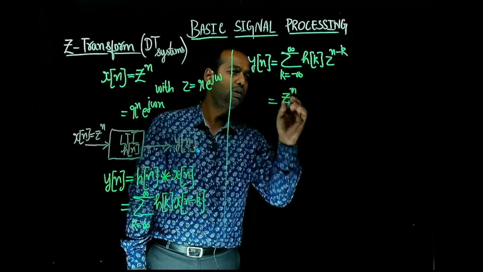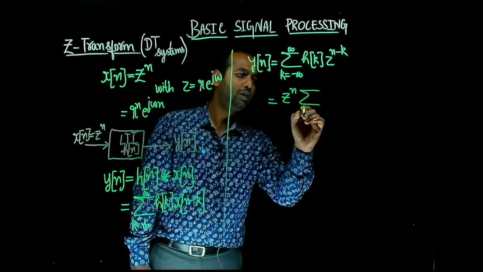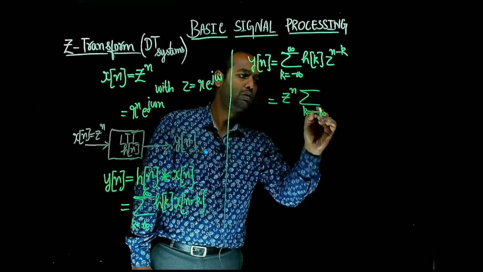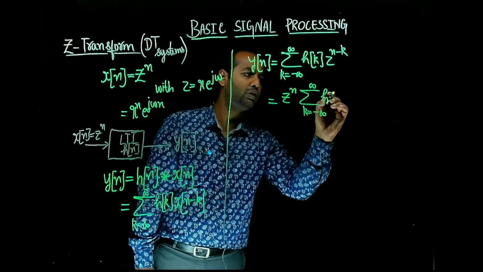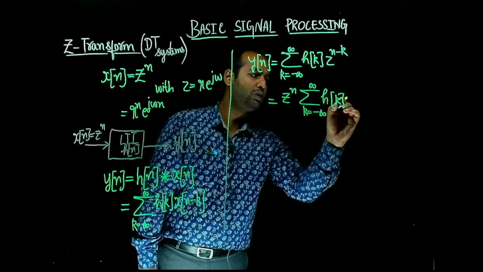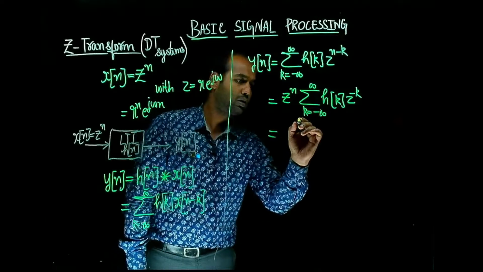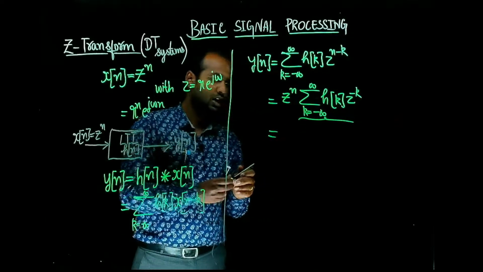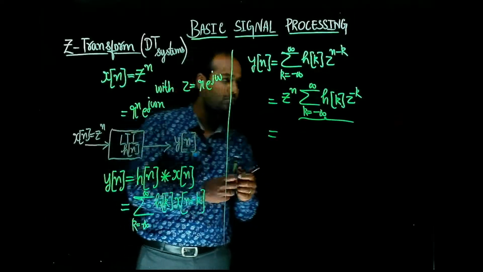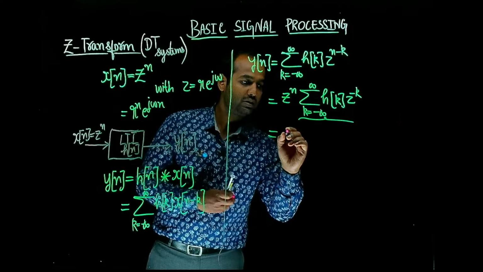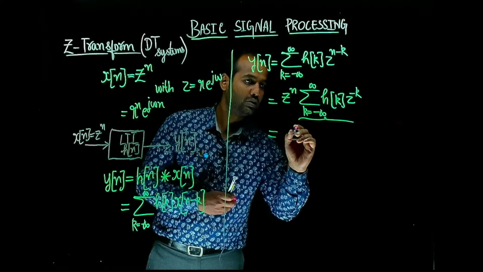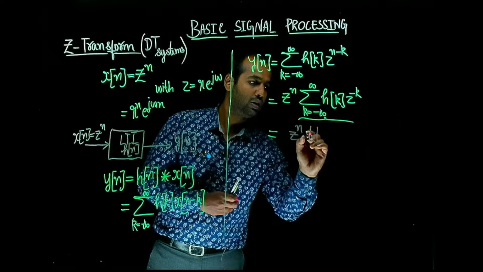This is z power n, and we have summation k from minus infinity to plus infinity, h of k, z power minus k. Now we represent this term as the transfer function of a digital system, denoted as h of z. So z power n into h of z.